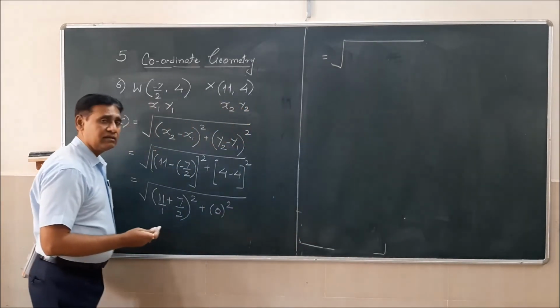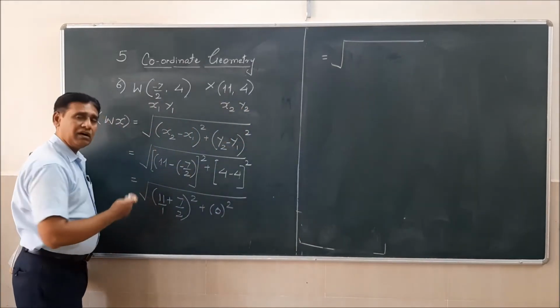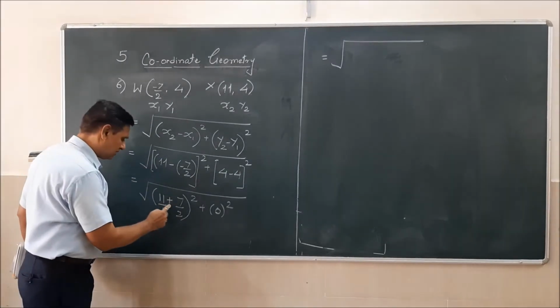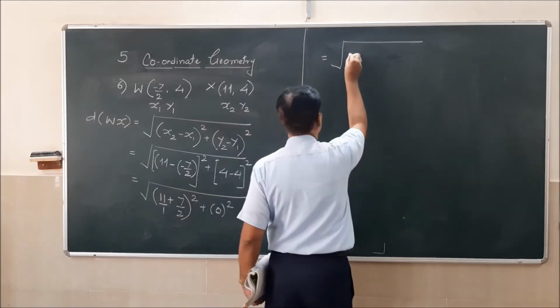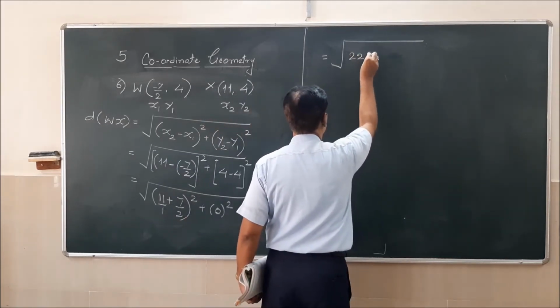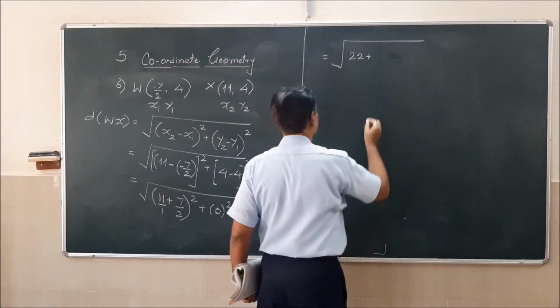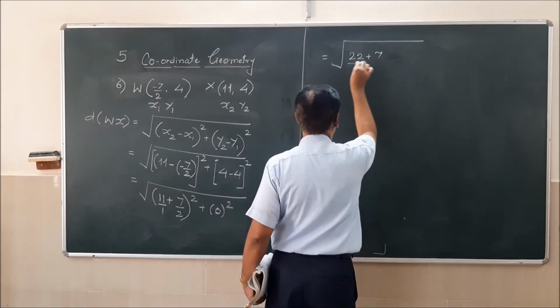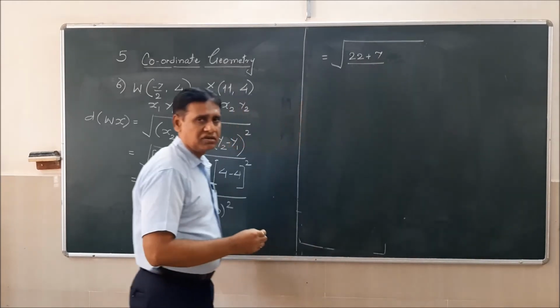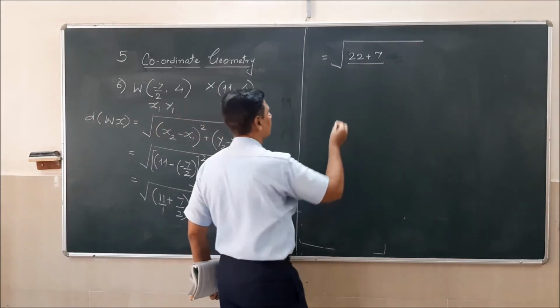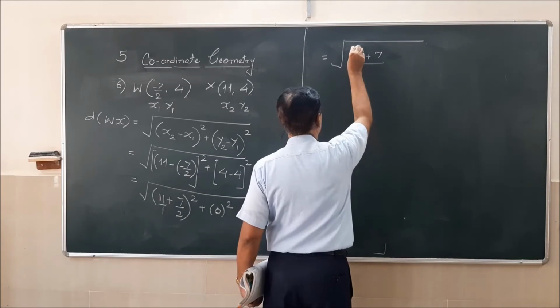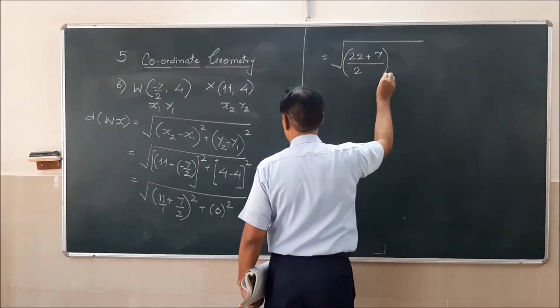Please see here, dear children. 11 twos are 22 plus 7 ones are 7, so 22 plus 7 ones are 7, divided by the product of the denominators, 2 ones are 2.